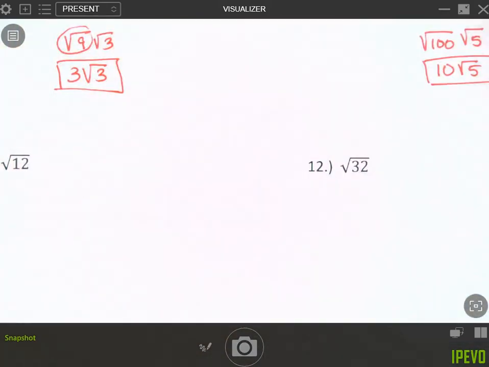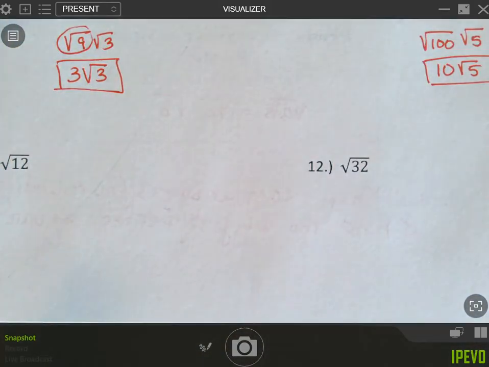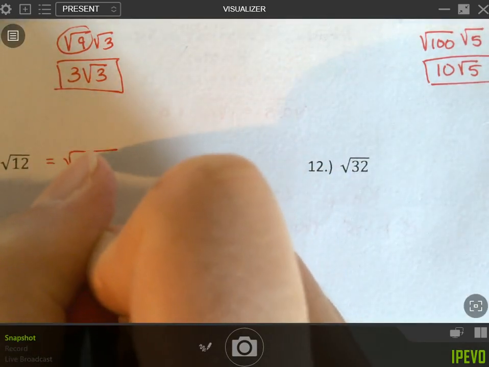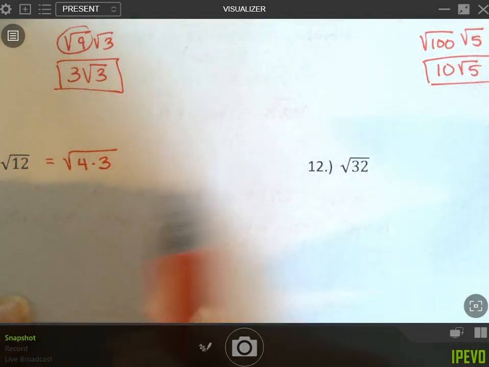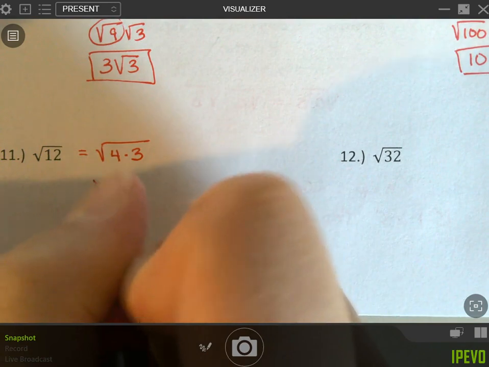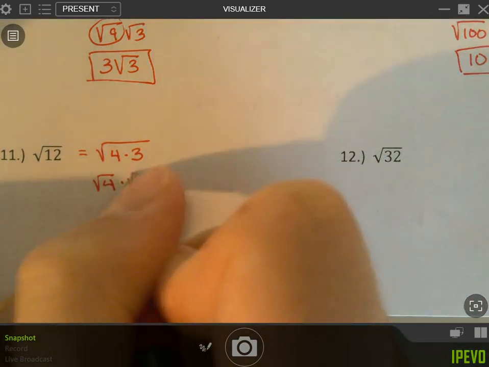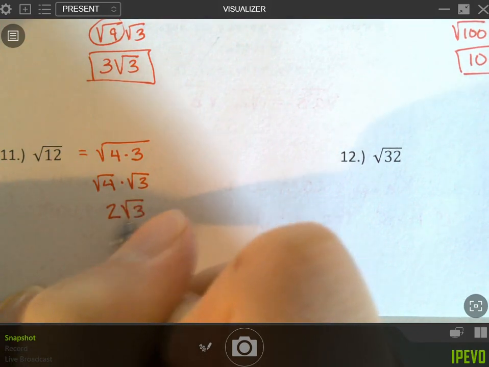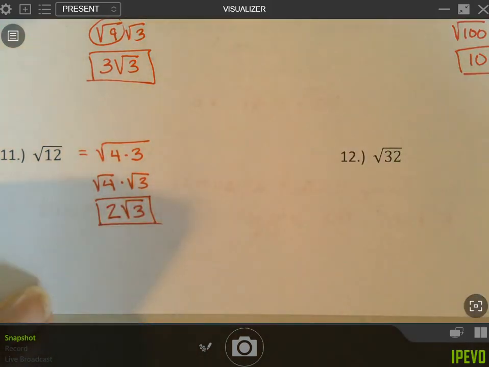So write that down and see what you should have. So you have the square root of 4 times 3. And then I'm going to break this down. I like to put the perfect square first. The square root of 4 is 2. Keep the square root of 3.